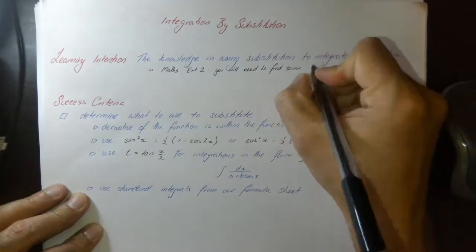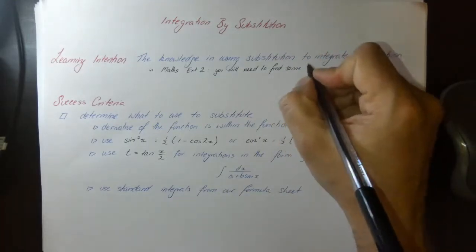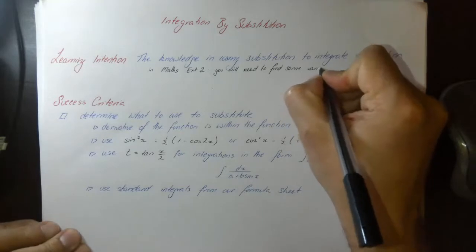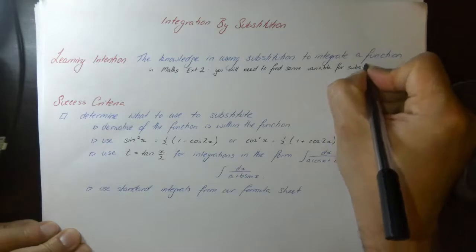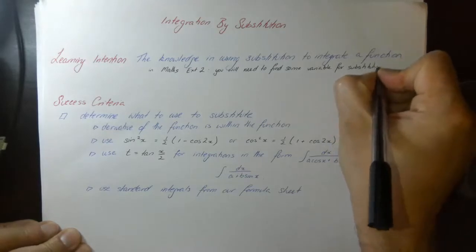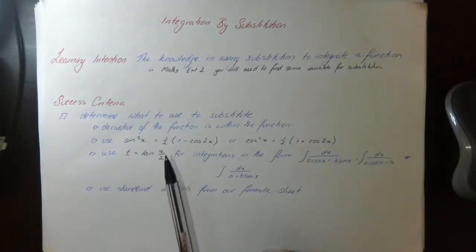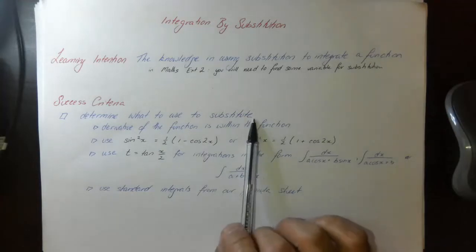They won't give you the substitution, you need to find some variable to substitute. We'll be successful if we can determine what to use to substitute, especially in extension 2.